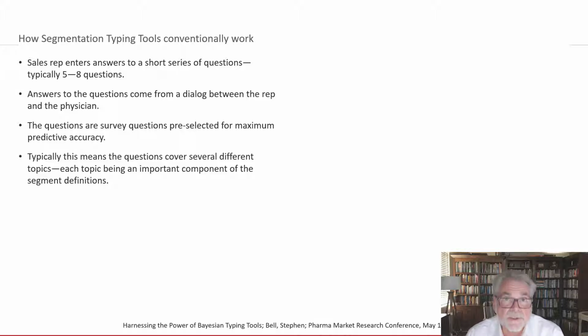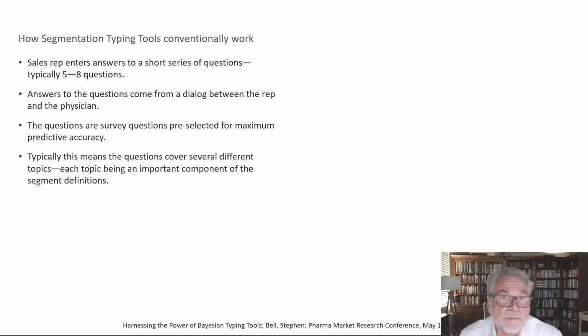The statisticians who do the segmentation analysis, as part of that analysis, identify that set of questions, 5 to 8 typically, which collectively have the maximum predictive accuracy. If you get answers to these specific questions, you get a pretty accurate prediction of the physician segment.